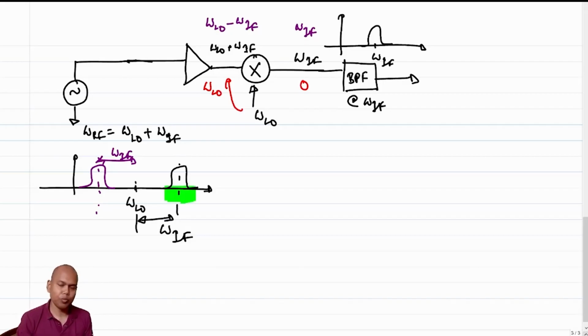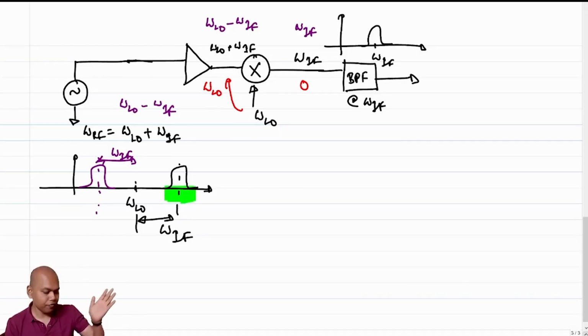which means that you are going to get something at the output of the band pass filter also, but now the input was from omega LO minus omega IF, right? Which means at the output of the mixer and the output of the band pass filter, you will not be able to distinguish whether it has come from the RF band at omega LO plus omega IF, or the RF band at omega LO minus omega IF, right?